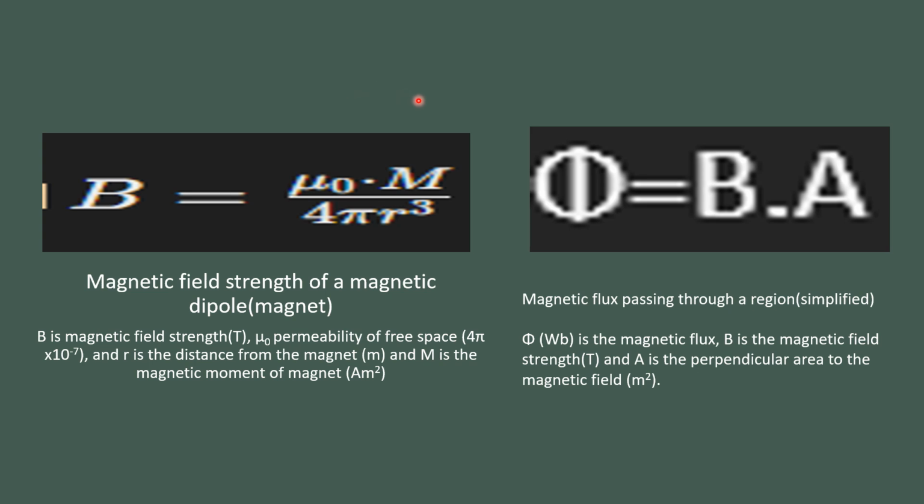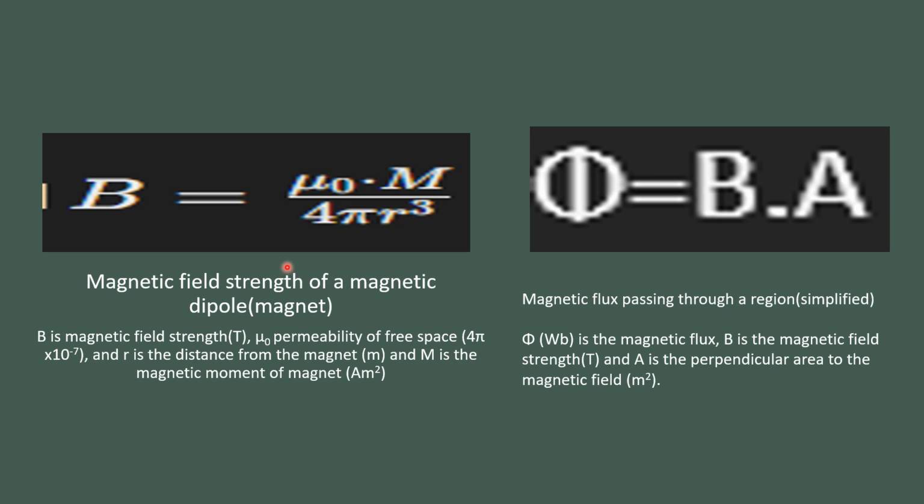This is the theory of my experiments, and these are the equations that are used to carry out this experiment. The equation on the left part of the page is the magnetic field strength of a magnetic dipole. It is a magnet in the case of this experiment.